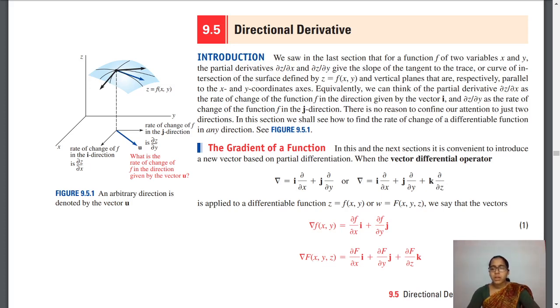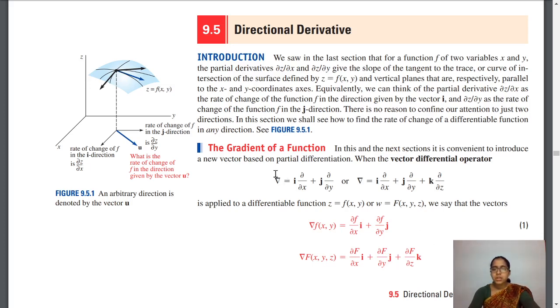When we consider differentiable functions, z is equal to f of x, y or w is equal to capital F of x, y, z, we call del of f the gradient. The gradient of f of x, y is equal to ∂f/∂x i plus ∂f/∂y j, and the gradient of f of x, y, z is equal to ∂f/∂x i plus ∂f/∂y j plus ∂f/∂z k.